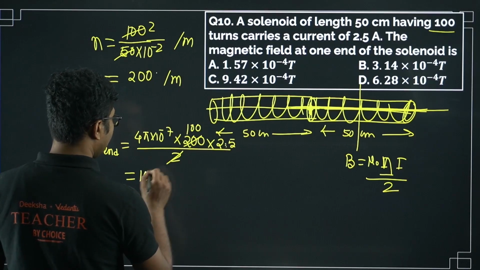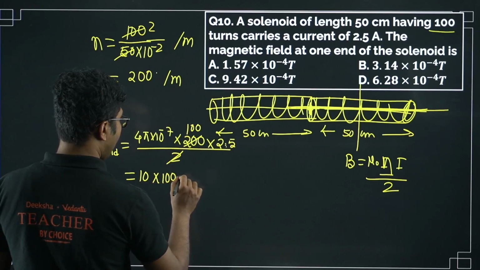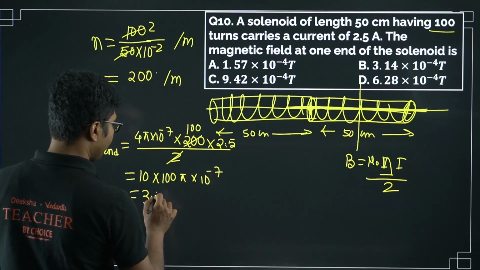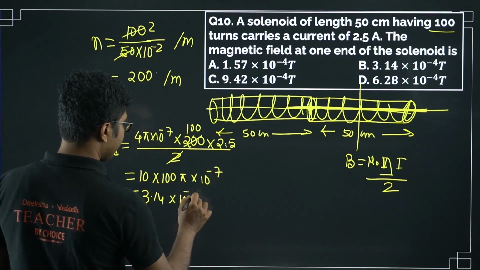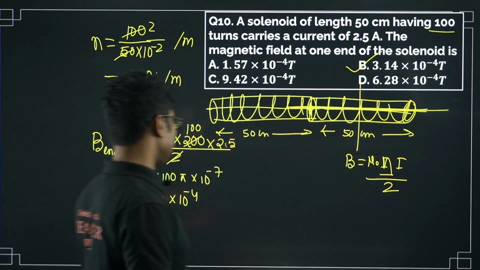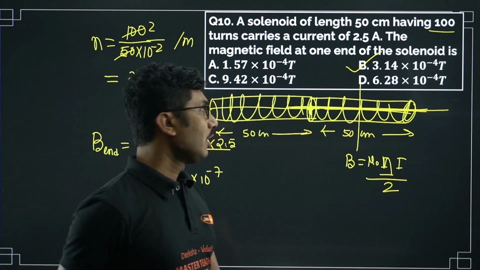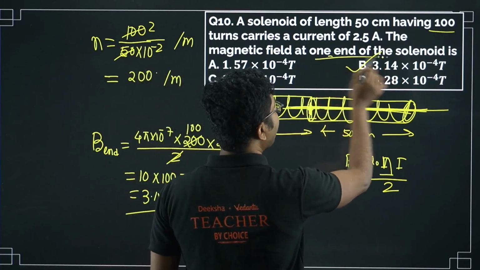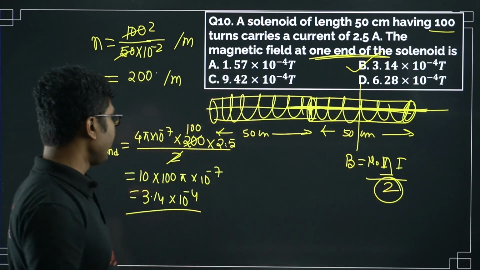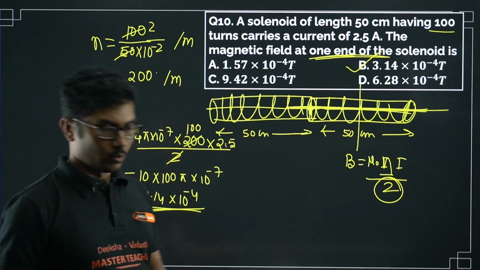So 10 into 100 pi into 10 to the power of minus 7. So what is pi? 3.14 into 10 to the power of minus 4. So it will be 3.14 into 10 to the power of minus 4 Tesla. So this is the answer. Be careful because they have asked you one end. If it was the center, then this division by 2 was not required. Because it is on one of the ends, you have to divide it by 2.